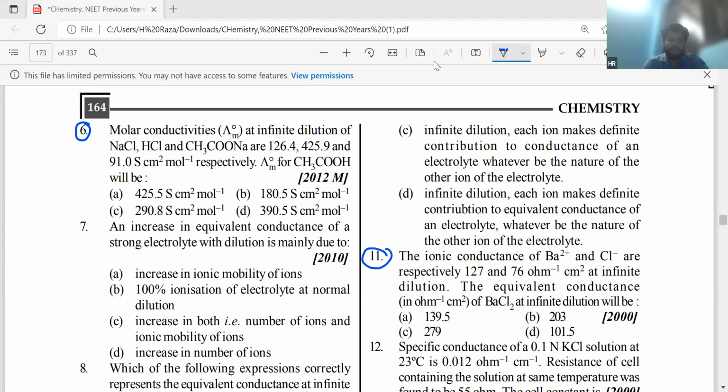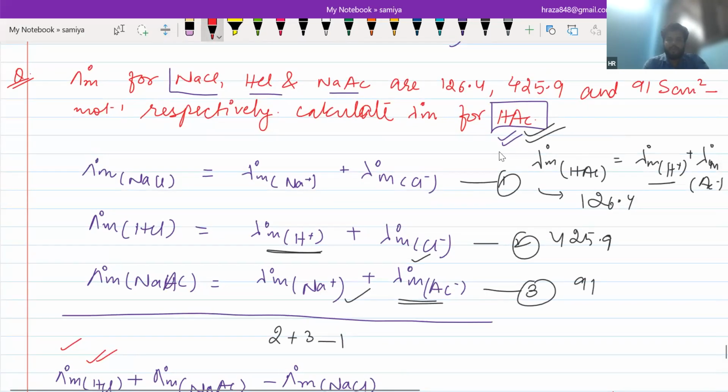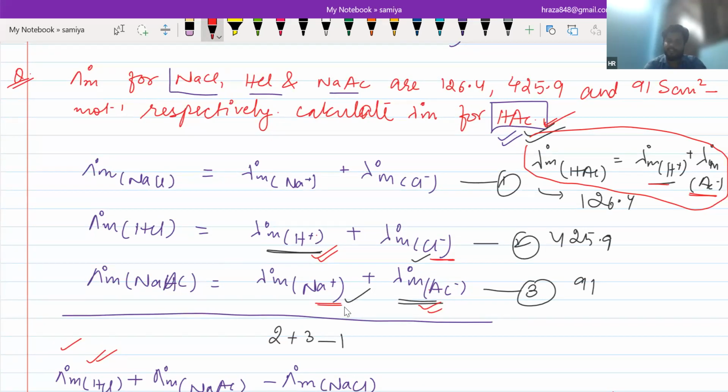So why we did equation 2 plus 3 minus 1 is that, first of all, what we need to calculate is lambda naught m for HAc, right, Samia? When you dissociate it, you will see H plus and Ac minus. So search for H plus and Ac minus here: H plus in the second equation and Ac minus in the third equation. That's why I added them, so that we get H plus and Ac minus. Along with this, we got Cl minus and Na plus, which is extra.